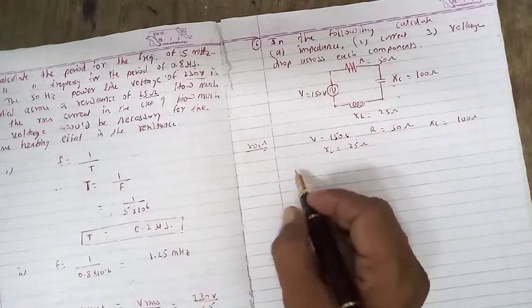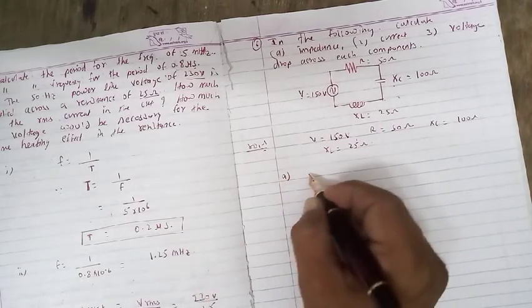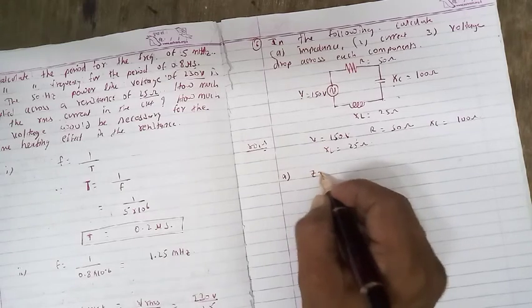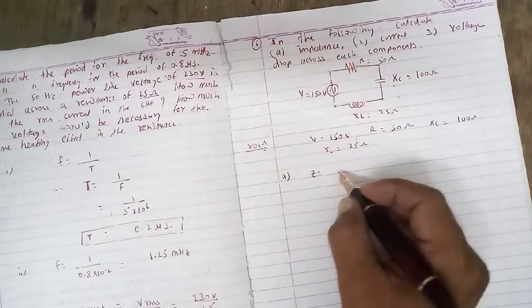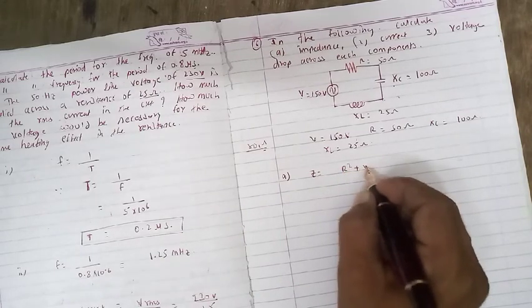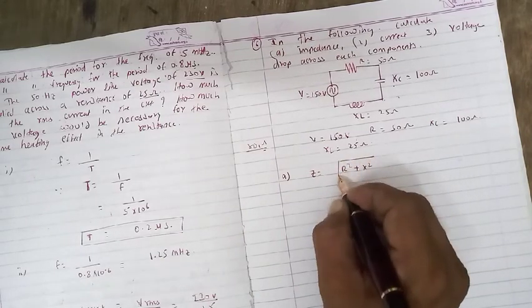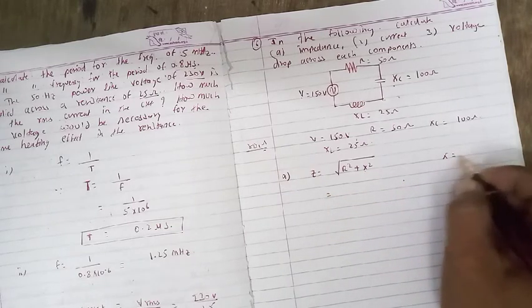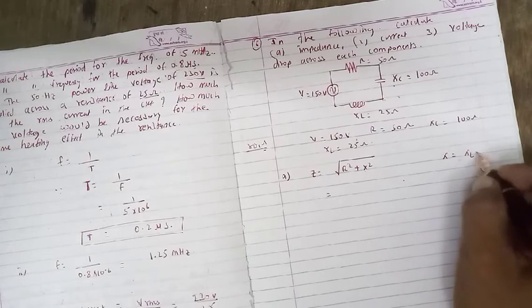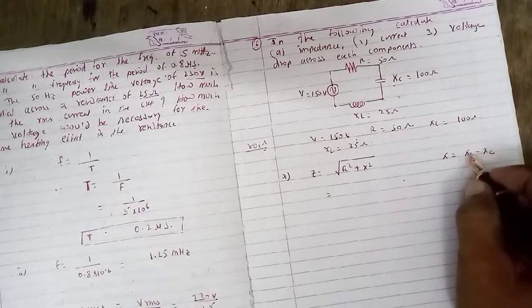Okay students, the first one, that is Z, the impedance, we have to calculate. We have the formula, that is square root of R square plus X square. The value for X is assigned by XL minus XC.